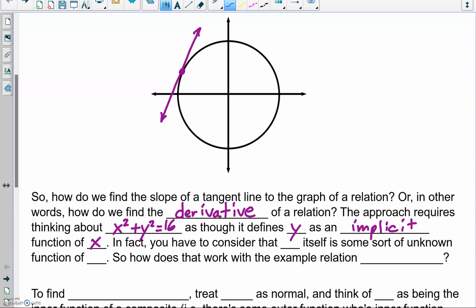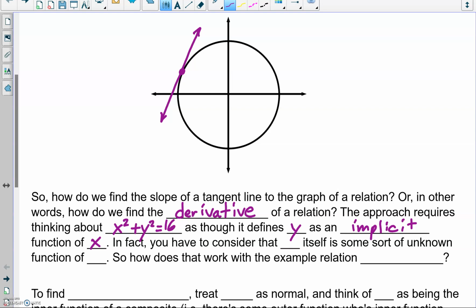When you have f of x on one side of the equal sign, you've got the function rule on the other, which explicitly tells you how to get the y when you plug in an x. But in a relation where maybe you can't solve for the y, and sometimes algebraically you can't do that in certain relations, you still have an implicitly given relationship between the y and the x.